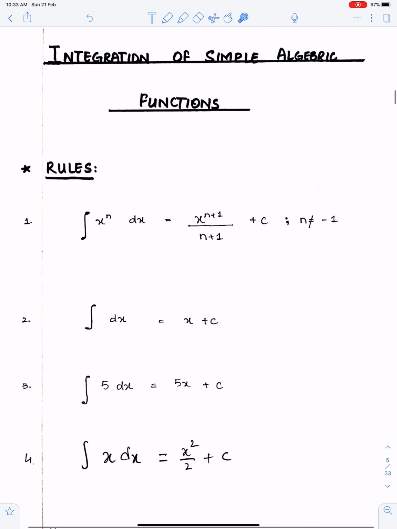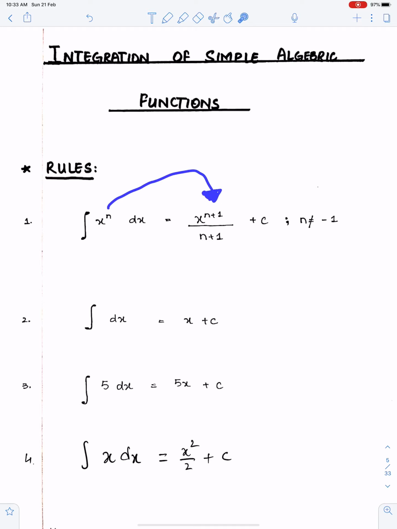Integration of simple algebraic functions. This is the simple algebraic function. When you integrate this x power n, it will become x power n plus 1, and you need to divide this term by the resultant power, which is n plus 1. So when you integrate anything, you add 1 in power. Anything means simple algebraic functions.